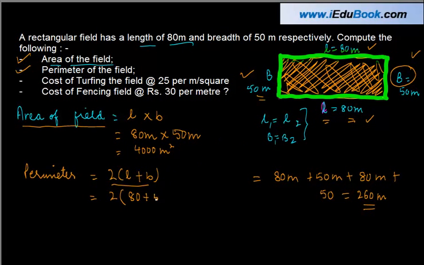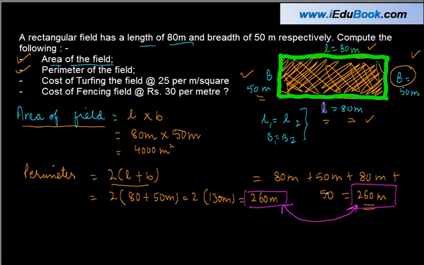How much is the breadth? 50 meters. Or 2 times 130 meter, 80 plus 50, 260 meter, which is nothing but the same thing that we got here. Right? So both these are equal. If you remember this formula, well and good. Even if you don't remember conceptually, we know that if we add all these lengths together, what we get is the perimeter of the rectangle.